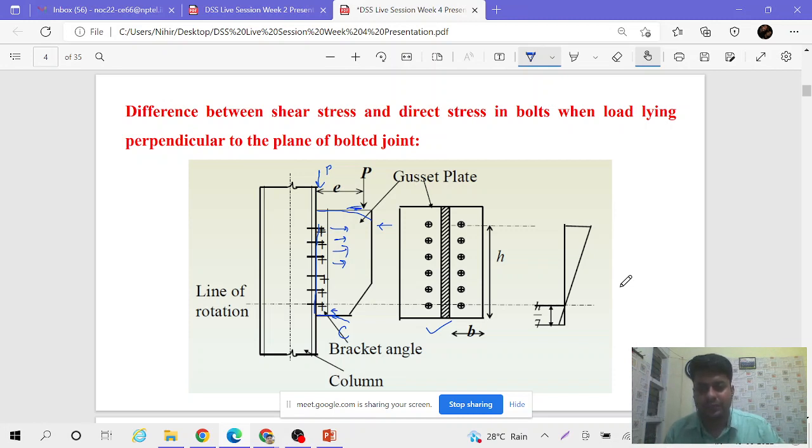Sir, can you tell about when HSFG bolts are used in this case? What will be the depth of the neutral axis? Why are you thinking that for the case of HSFG bolts the neutral axis depth will change?